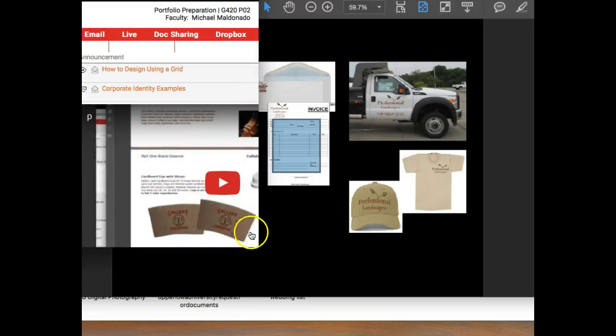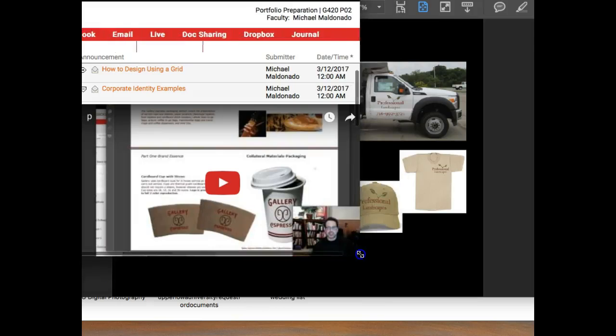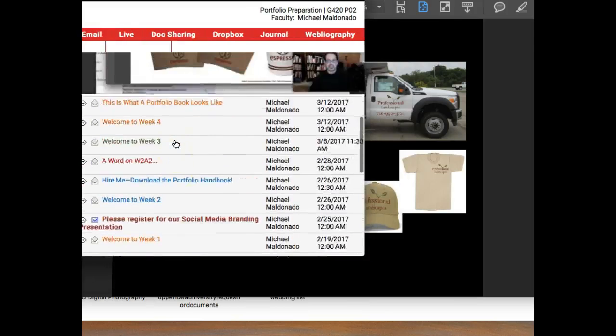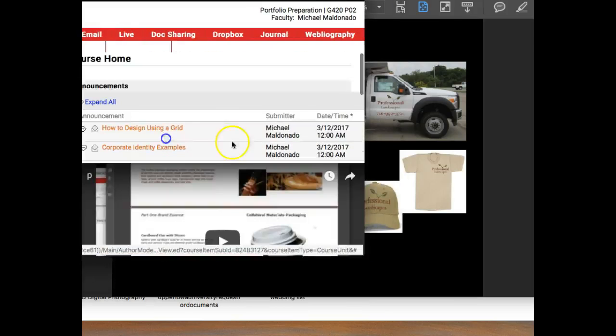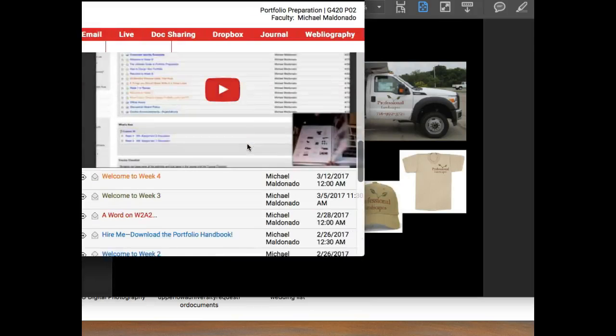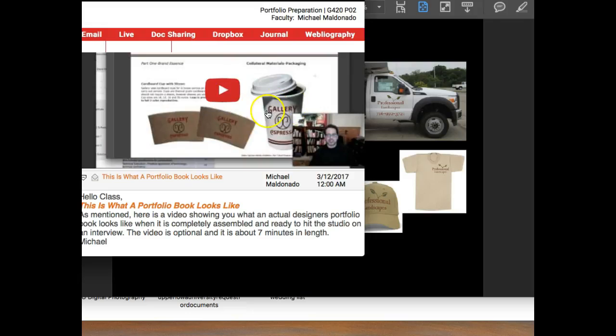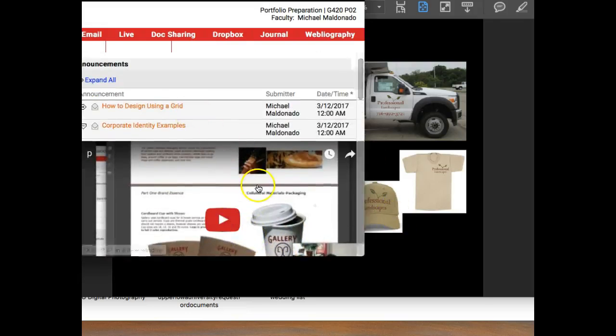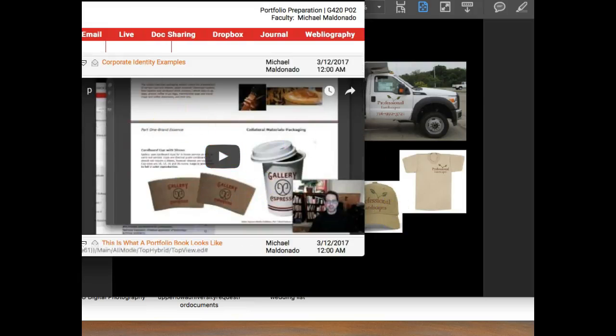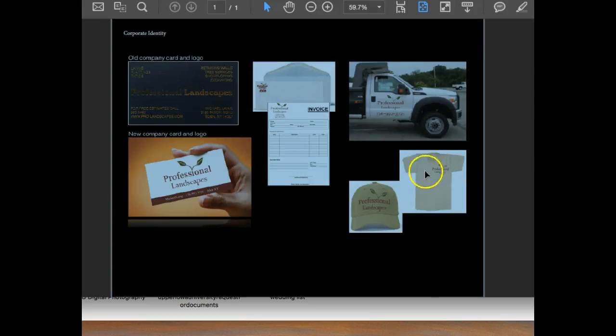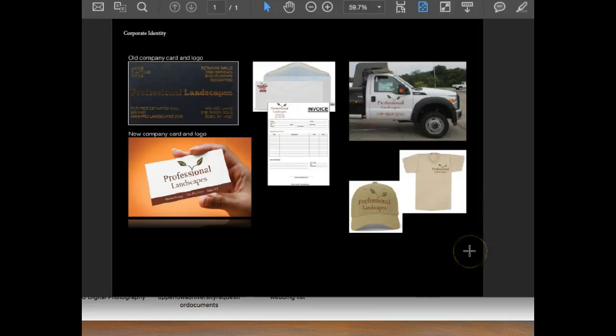Take a look at this right here, because this is showing you a bunch of different examples of how you can mock these things up in these settings that are just a little more interesting. And make sure you take a look at that, because there's some examples in there that have apparel where they're actually photoshopped on people.